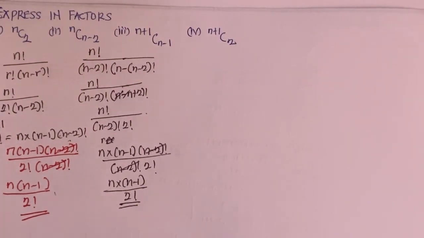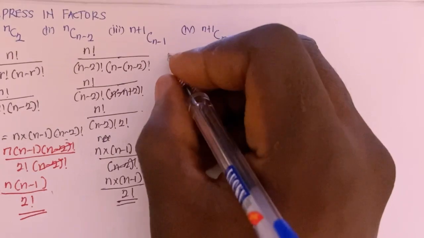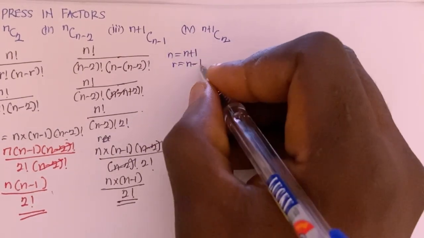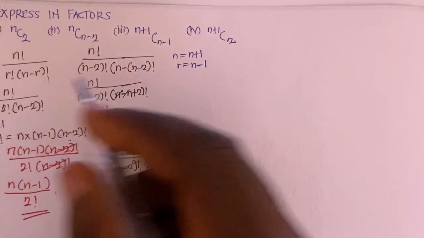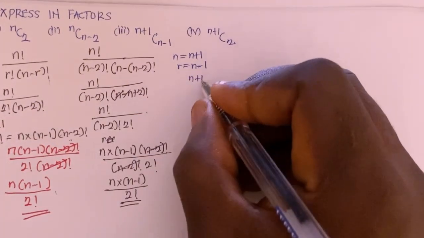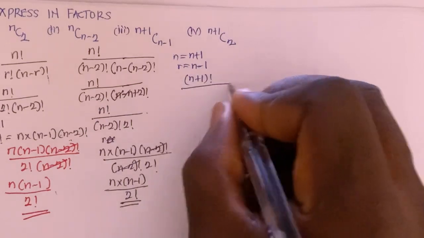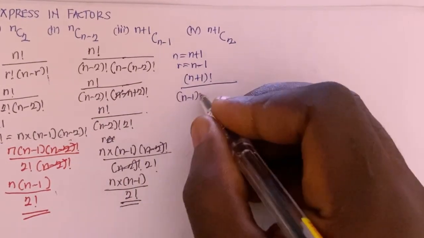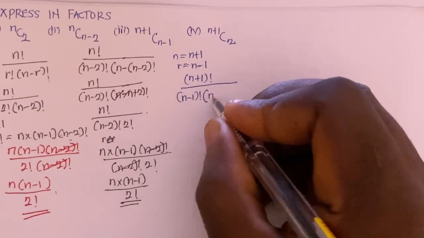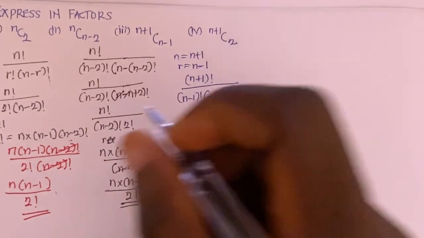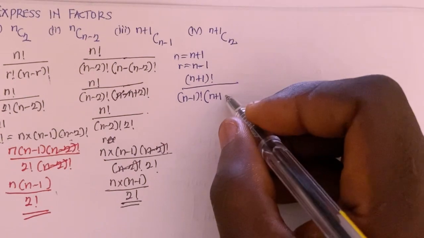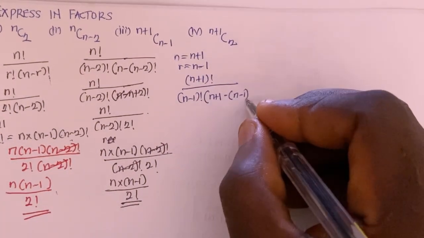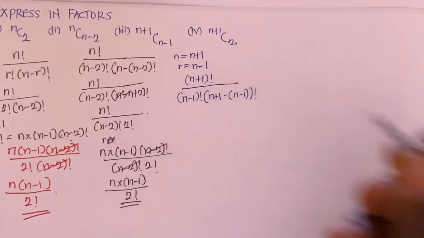Now let's go to the next one. We're having n plus 1, so our n is n plus 1, and our r is n minus 1. Let's put it inside the formula. We have n plus 1 factorial divided by n minus 1 factorial into bracket (n plus 1) minus (n minus 1) factorial.